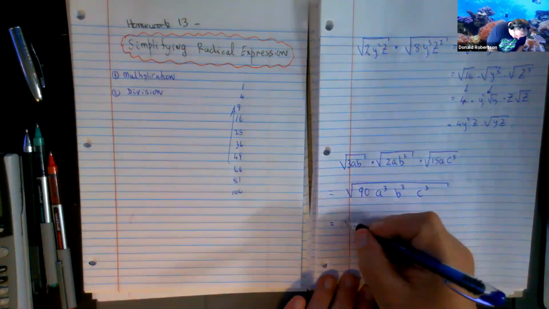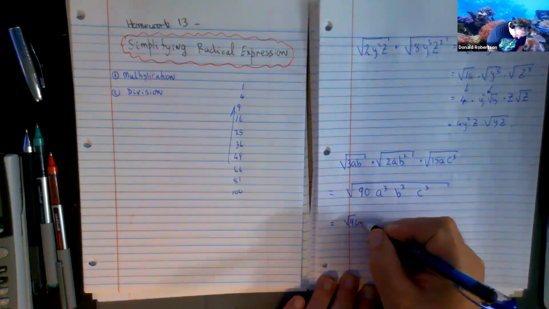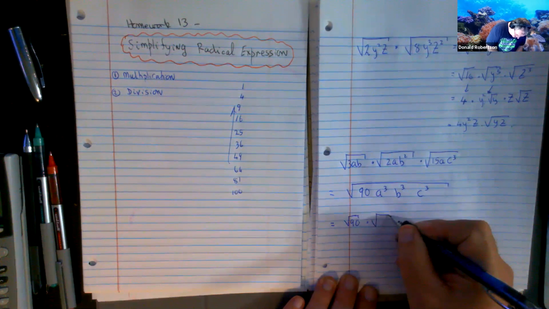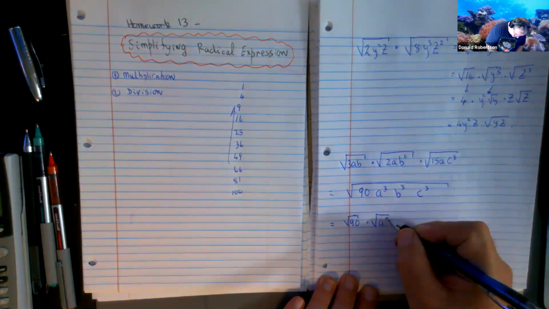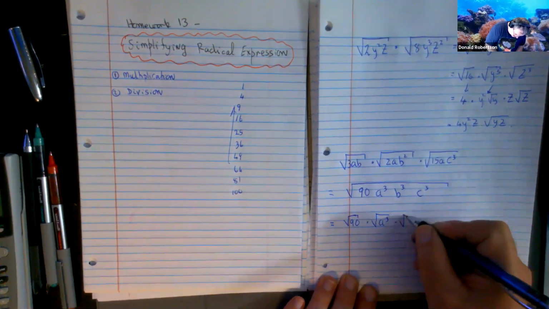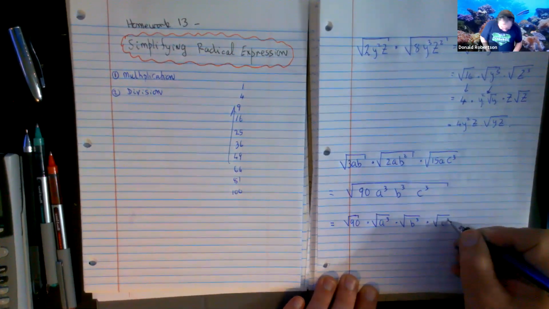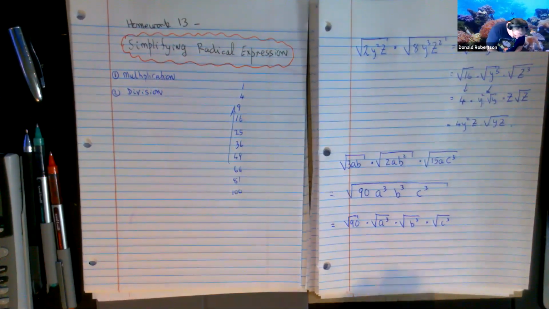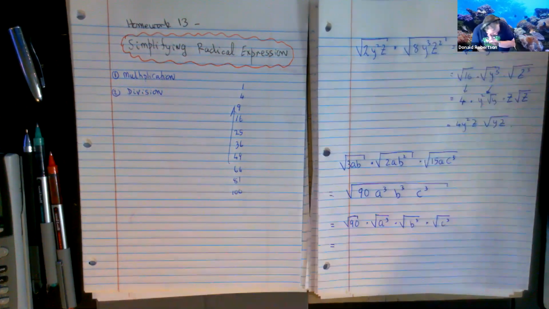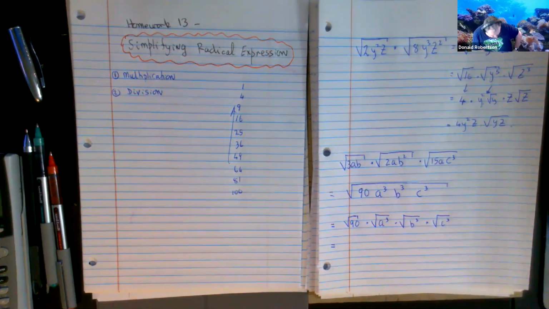So that's going to split as the square root of 90 times the square root of a cubed times the square root of b cubed times the square root of c cubed. Okay. In a lot of ways, the numbers can be harder to do than the powers.